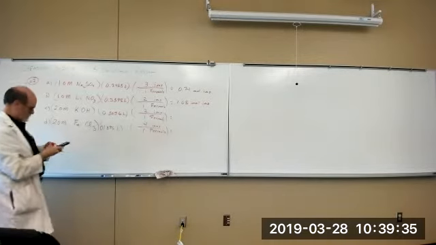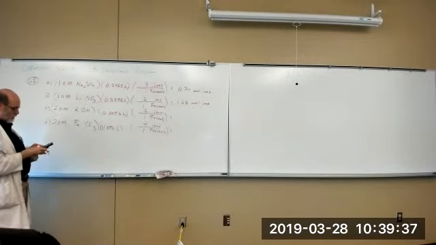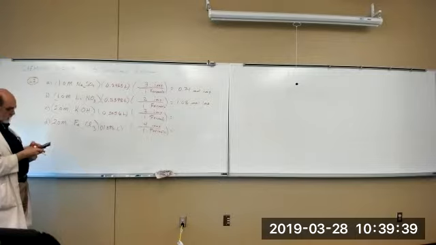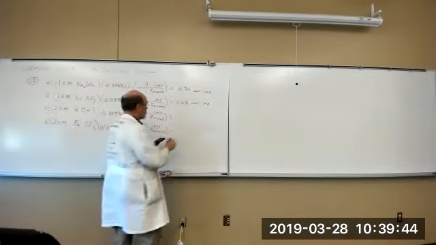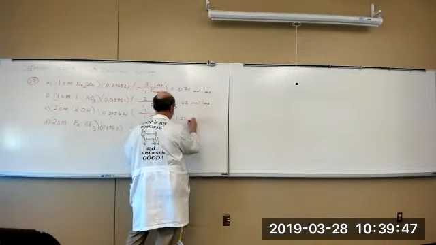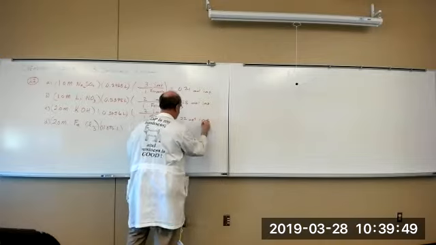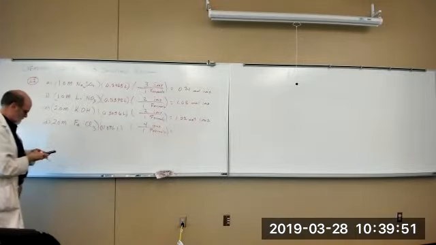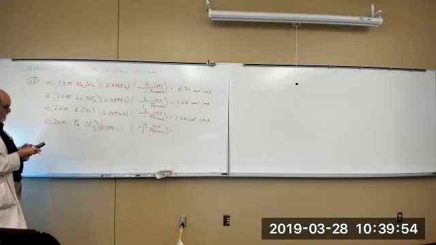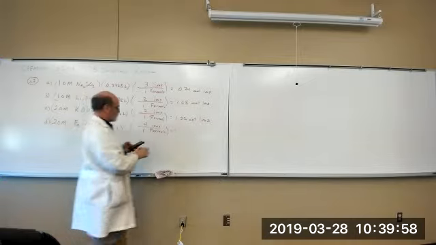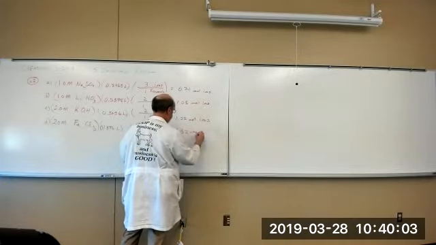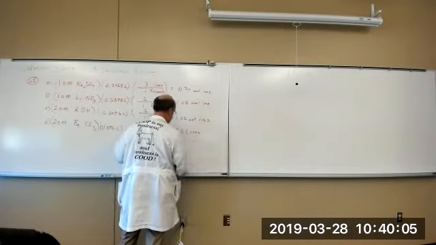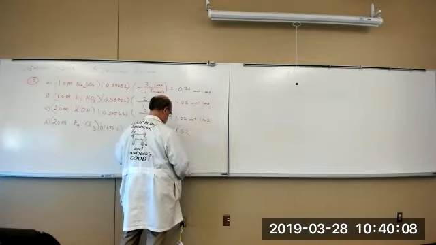And then we have 0.3056 times 4, so 1.22. And then the last one, 1.64. 1.52. Let's be consistent.